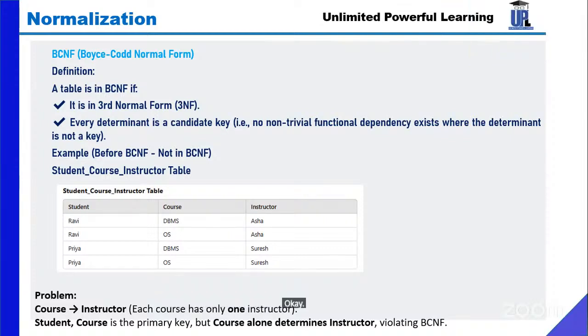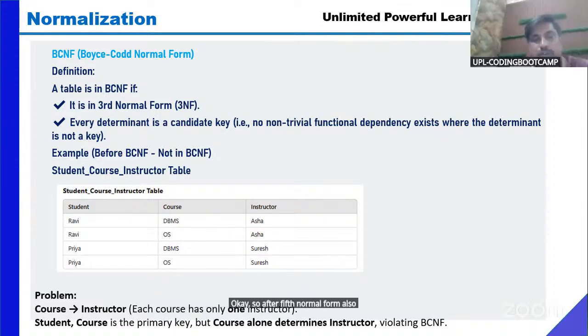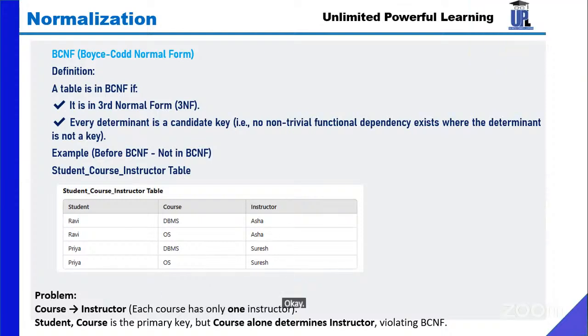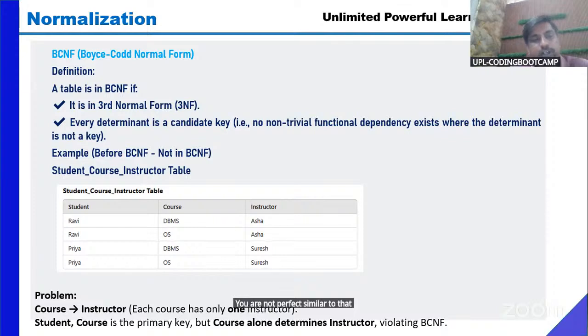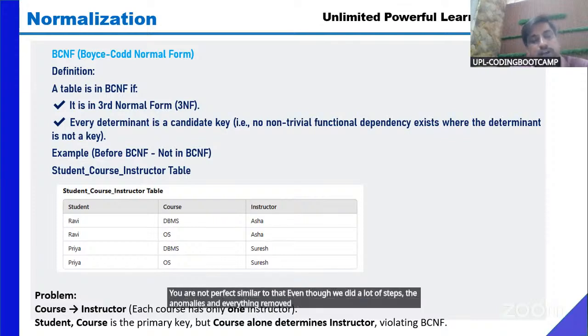So after fifth normal form also problems can come. Even if you have done MTech or MCA, even though you have done a computer science course, you are not perfect. Similarly, even though we did a lot of steps and removed the anomalies, after normalization there is no guarantee that the database design you have made is correct.